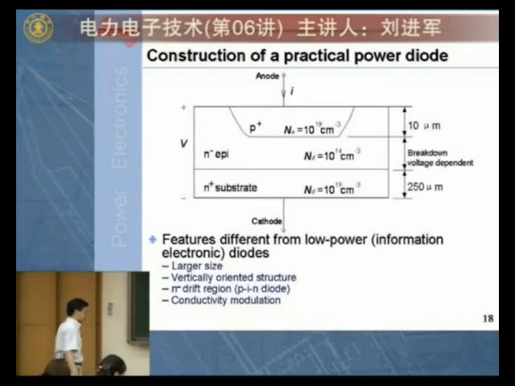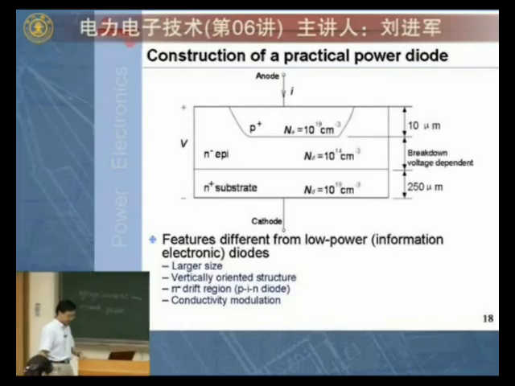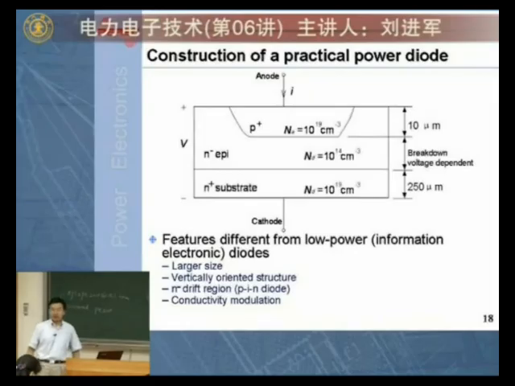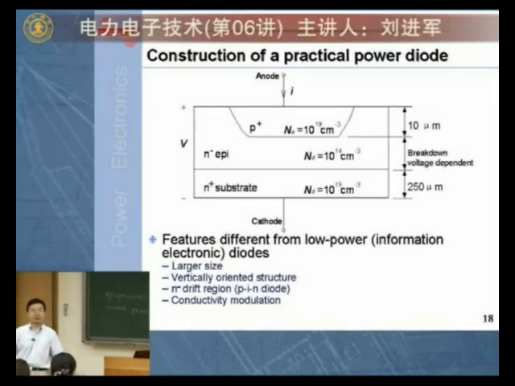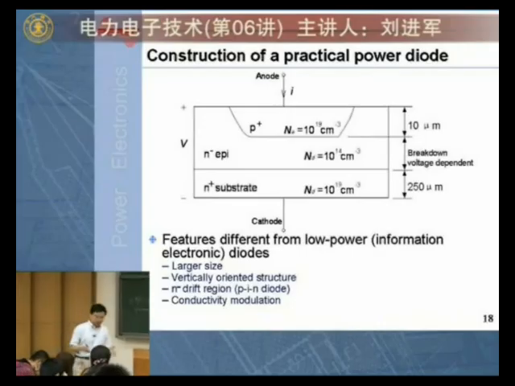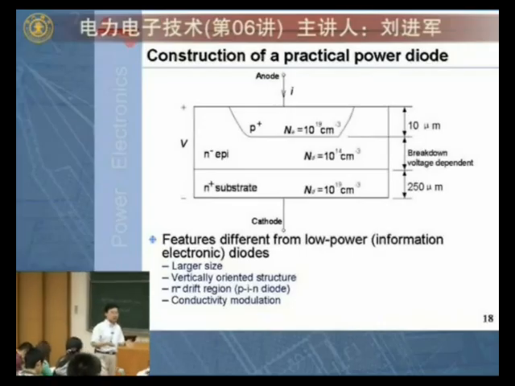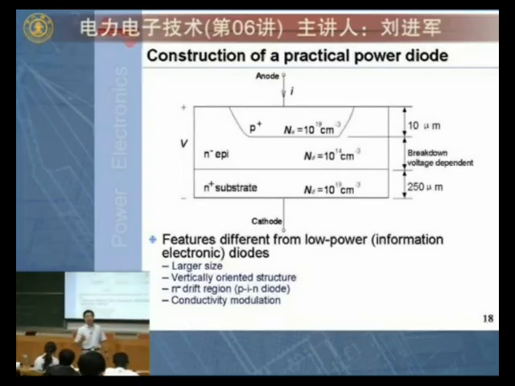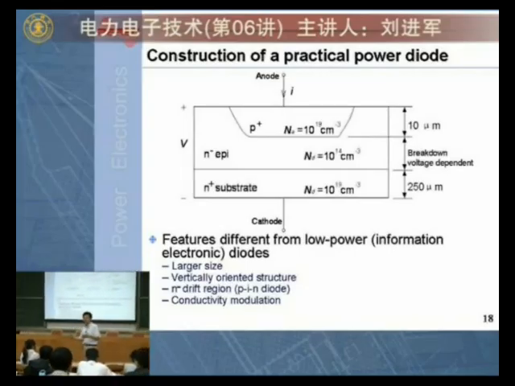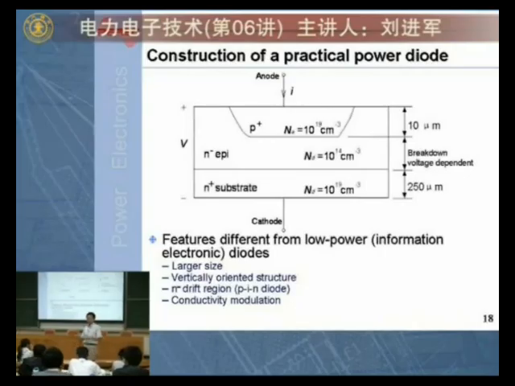Now, there will be a problem. Okay? Of course, increasing the thickness of the intrinsic layer can give us larger ability to handle the higher reverse voltage.